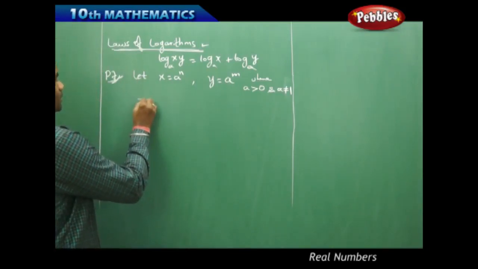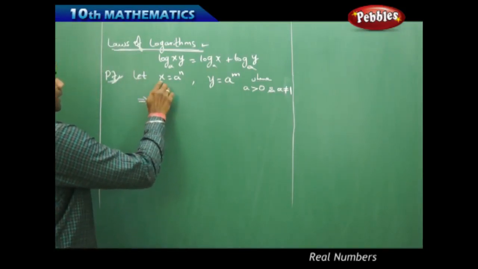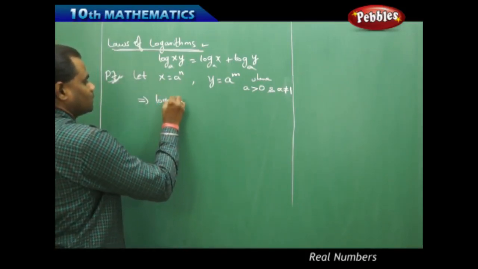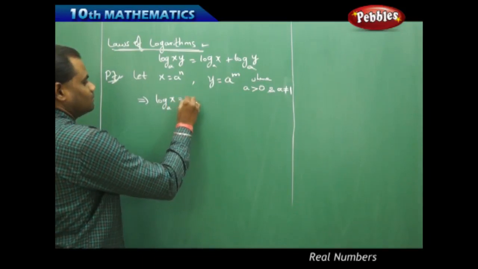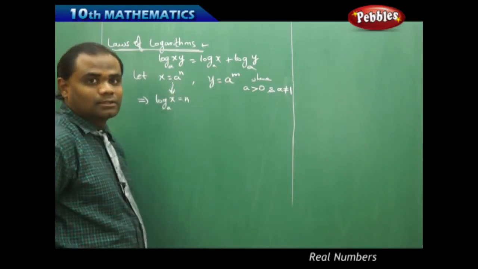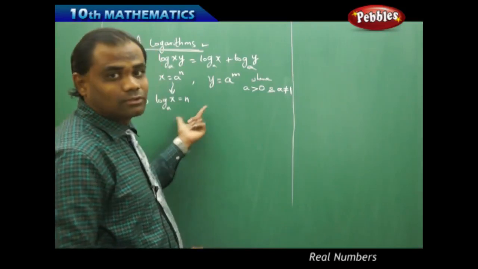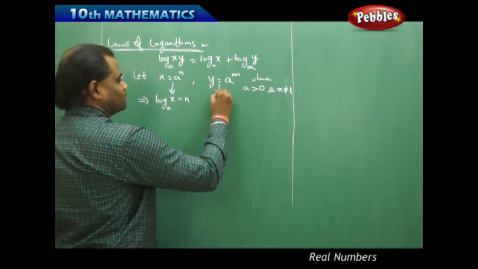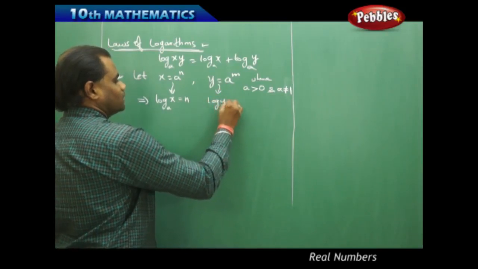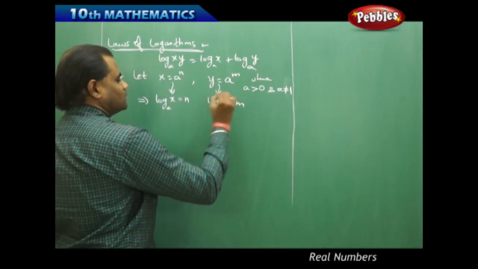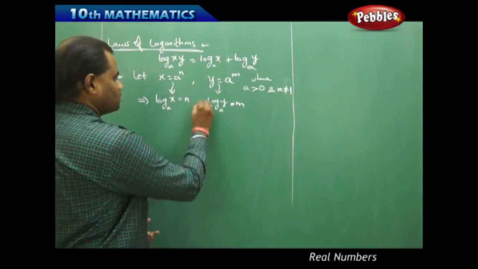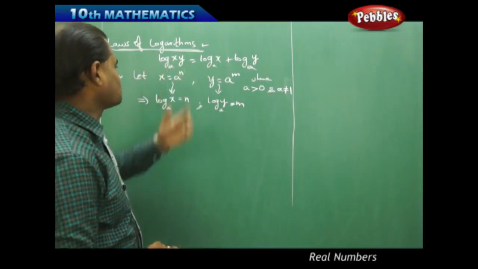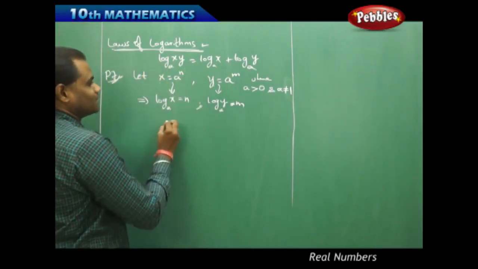Then immediately I have x equal to a power n implies log x to base a will be n, by using the form of exponential connected to logarithms, as taken in the previous session. And this would give me log y to base a equal to m. Now, because I want to find log xy, let me consider initially xy.